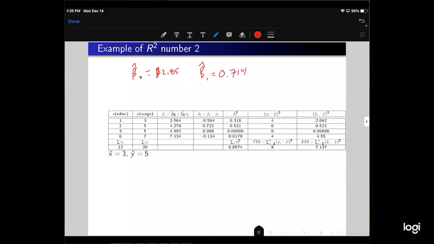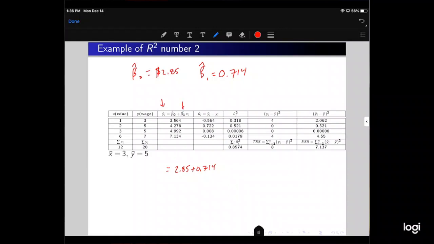All right, so what we're doing here is we're getting the predicted yi's, the predicted wages, by taking beta 0 hat, 2.85, plus 0.714, the slope, times each xi.